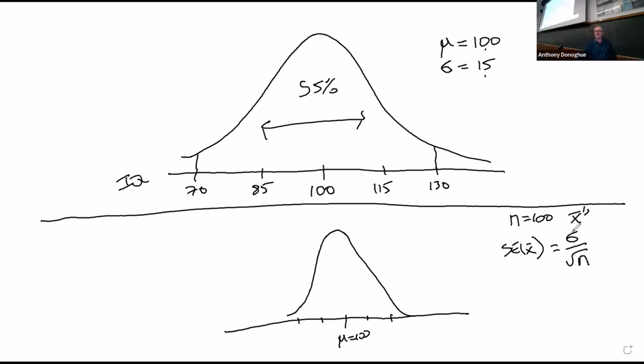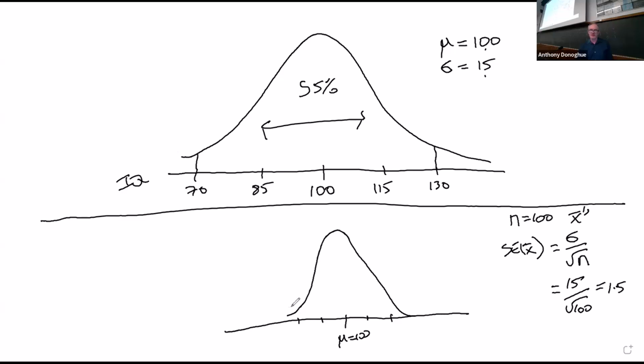So variability in the measurements comes into play in how close, on average, you expect your sample mean to be to the population mean, because that's what standard error is measuring. What's driving your sample mean towards the population mean is the sample size. In this case, it's 15 over the square root of 100, which is 15 over 10, equal to 1.5.